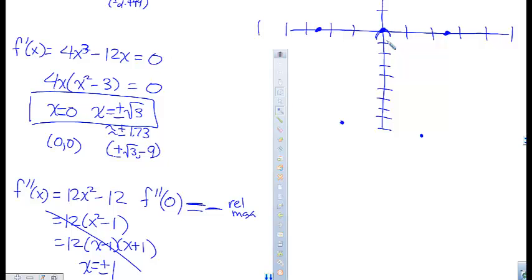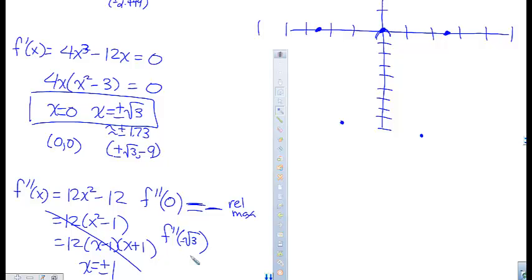A maximum would be up here. Okay, then if I look at f double prime of negative square root 3, if I put that in, that's going to give me 3 times 12, which is 36.